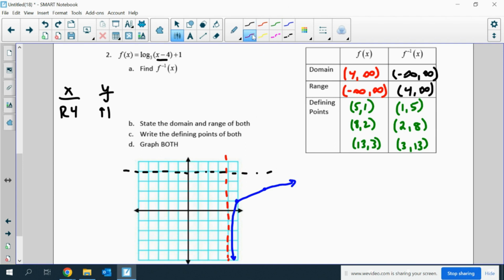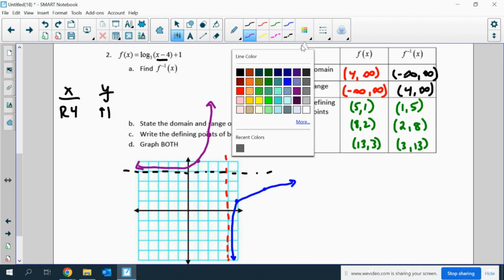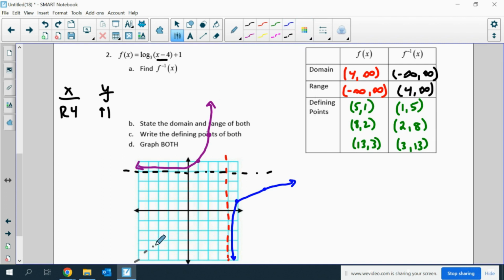I can graph the points 1, 5, 2, 8. And again, it's guesswork because we're off the graph pretty quick. But once again, if I graph the line y equals x, it does look like the blue and the purple kind of flipped over that line.